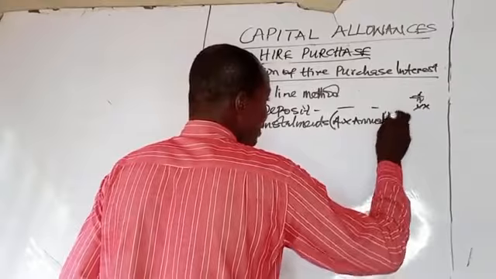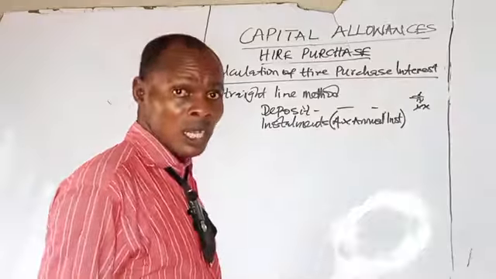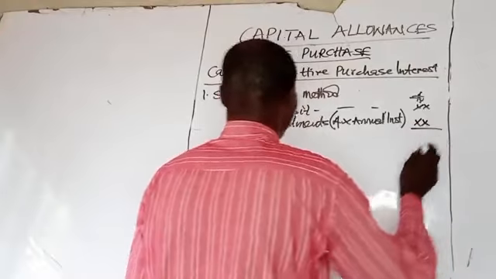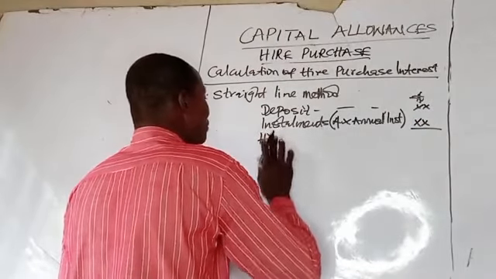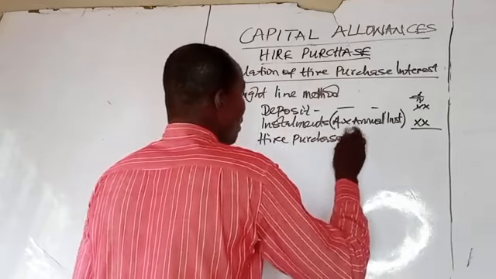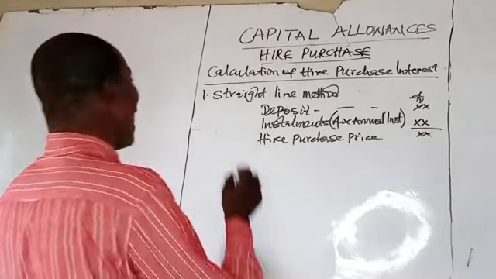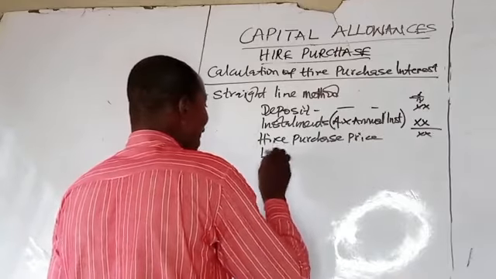It is possible the installment may be payable monthly, depending on the question. If you add the installments to the deposit, you get the hire purchase price.